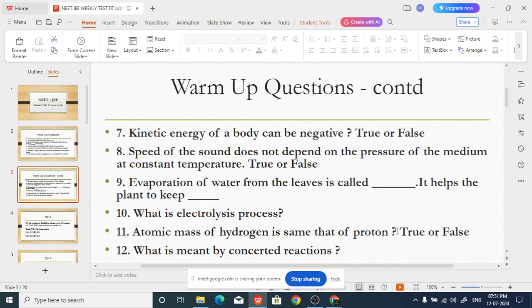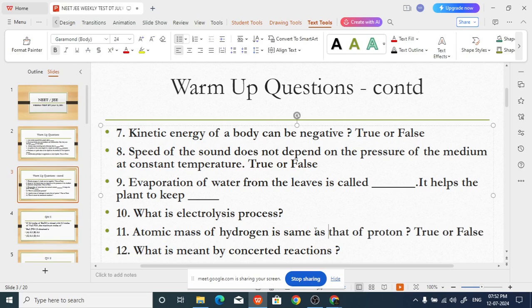What is the electrolysis process? Have you heard of this word? It is a process to separate oxygen and hydrogen from water. That is called the electrolysis process. Atomic mass of hydrogen is the same as that of a proton.